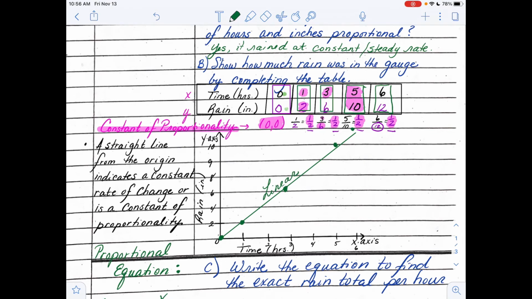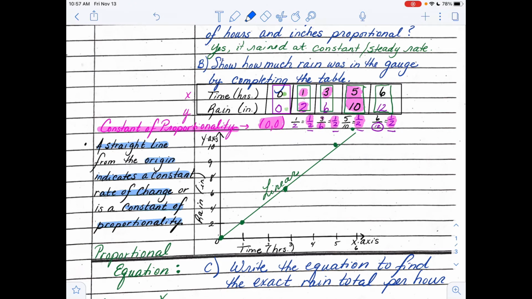That shows there's a constant rate of change. Constant rate of change gives me a straight line. But to be proportional, it must be linear, a straight line, but it also has to be from the origin. If I do that, that shows me a constant rate of change, and it is also a constant proportionality.